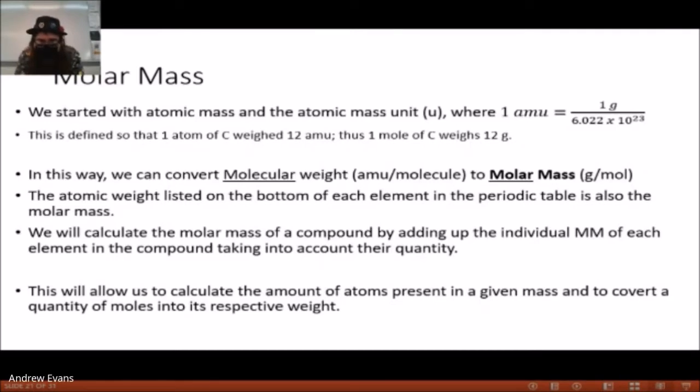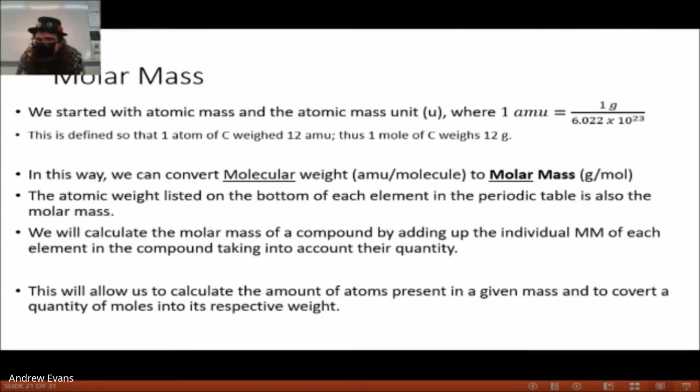So if you are asked to calculate the molar mass of any given compound, how do we do that? The molar mass of a compound is found by summing up the individual molar masses of each element and taking into account their quantity. So carbon monoxide, you're going to have to add the 12 grams from carbon and the 16 grams from oxygen. So the weight of carbon monoxide would be 28.